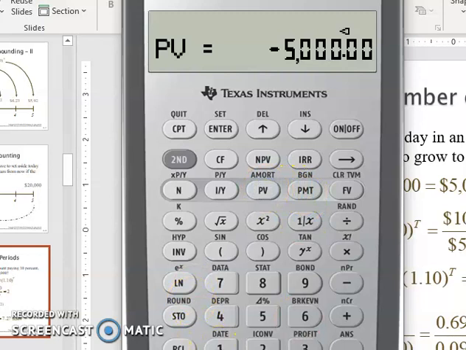The rate is 10%, so 10 I/Y. The payment is zero, and 10,000 is the future value. Then we just compute, and we get 7.27 years. A whole lot easier than using the natural log function.